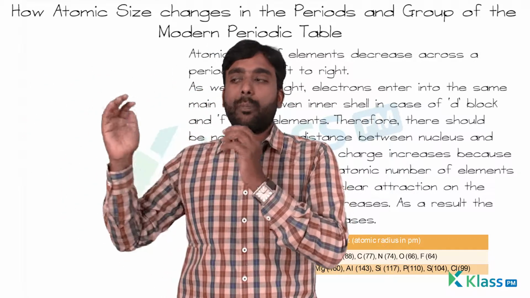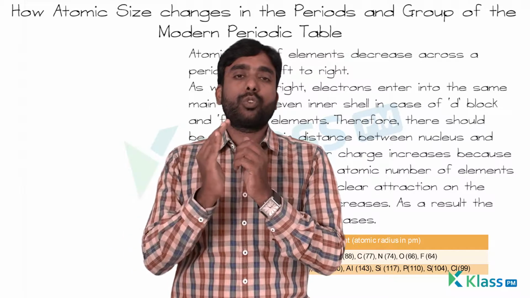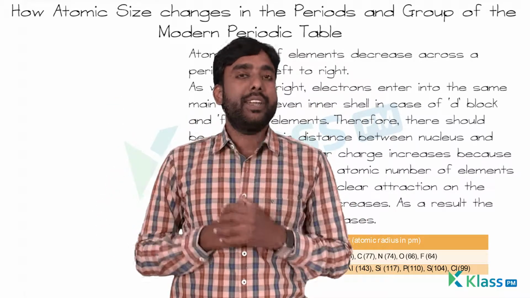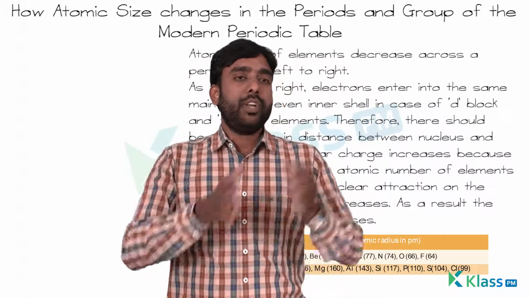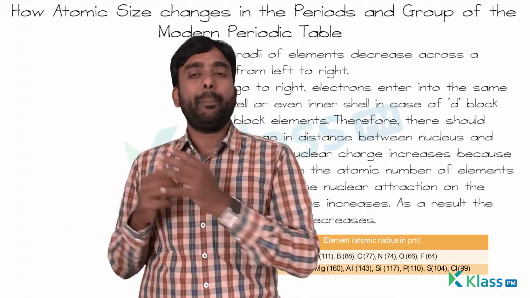That's why the last electron comes close to the nucleus, so atomic size decreases. Because of this reason, atomic size decreases when you move left to right in the periods.